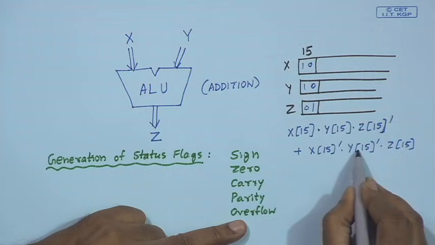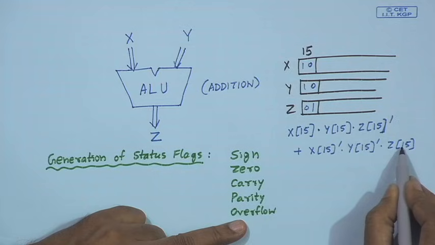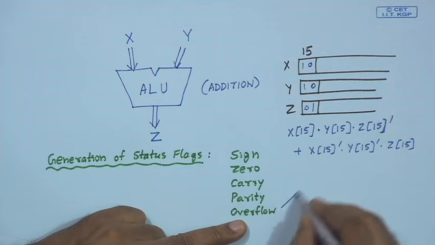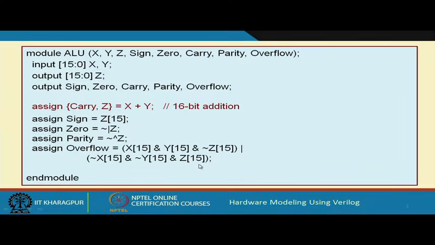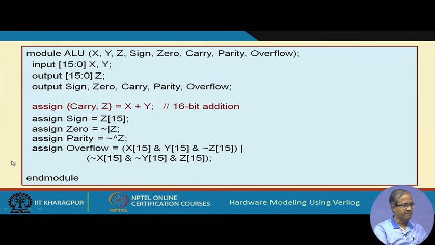The numbers are positive, but the sum is showing as negative. So, if you implement this logic, that will give you the overflow straight away, right. So, here we have used this same expression to generate the overflow. So, this is the behavioral description of the adder.